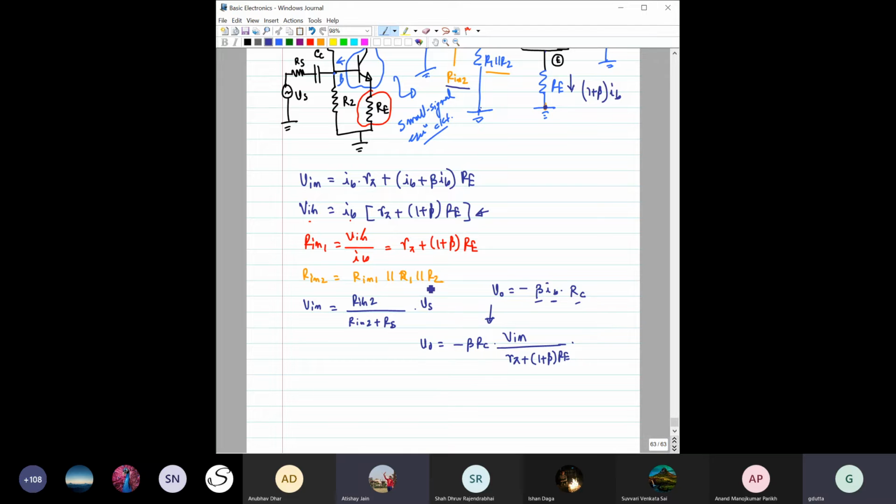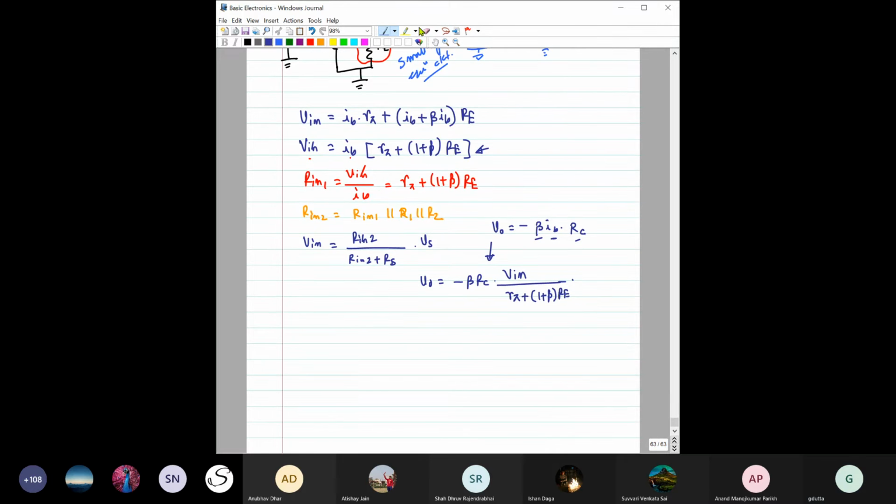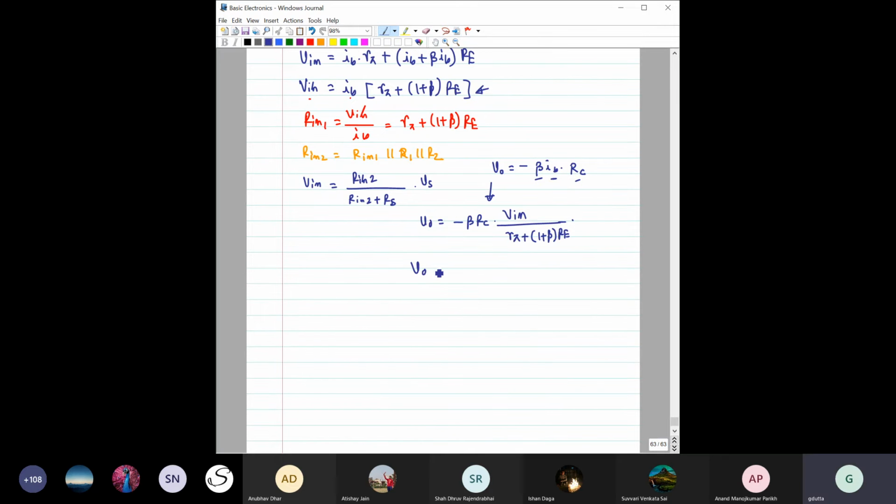Yes, sir. Okay. So if this is so, then after that, we need some more space. This is beta RC. Now, in place of V in, we have to replace this V in with this VS, right? So let us do that. This is R in by R in plus RS into VS. Then here we have this term as well, 1 plus beta into RE, right?